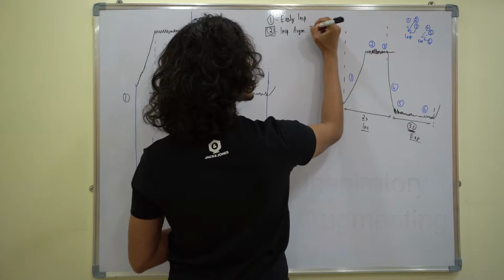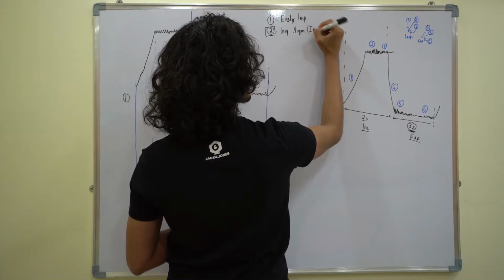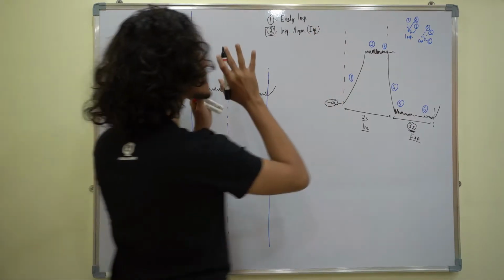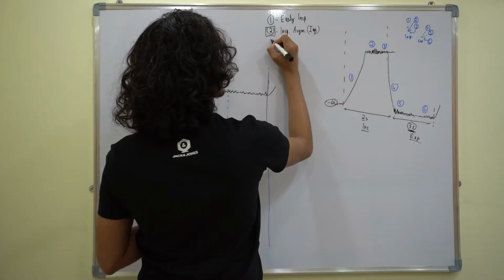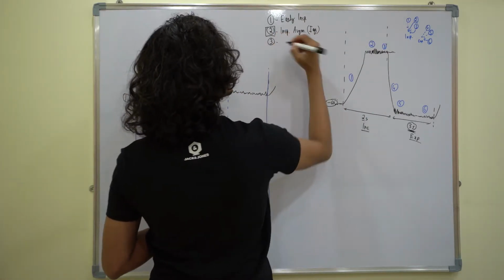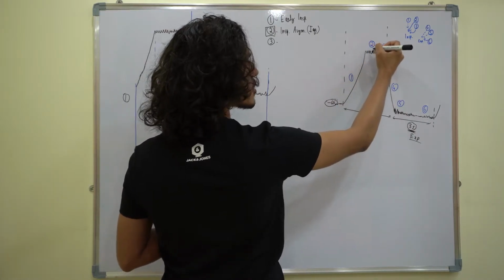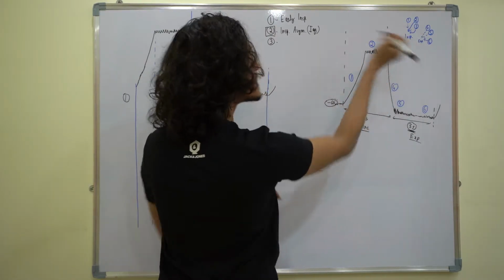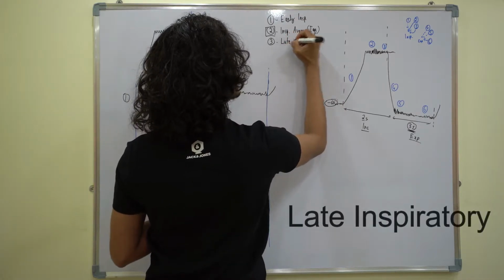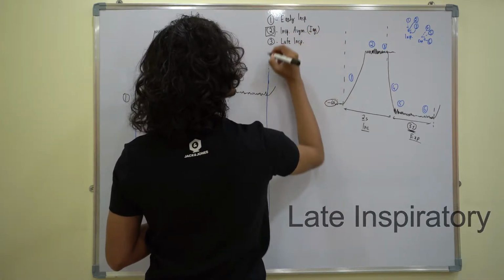Augmenting, so it is often called IAG. Then the third one is the late inspiratory.